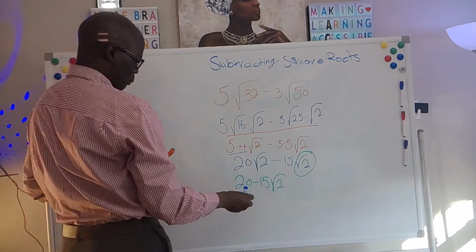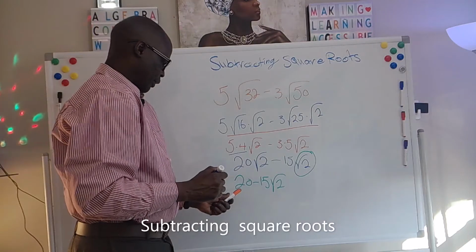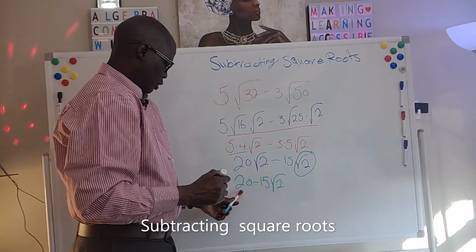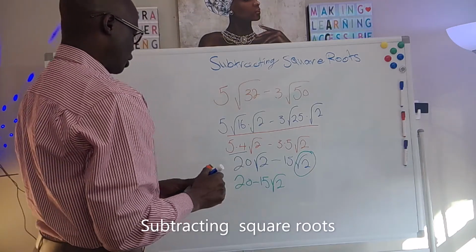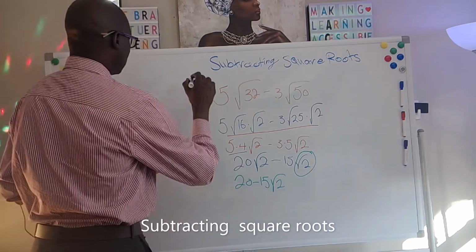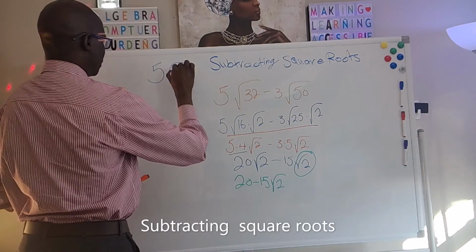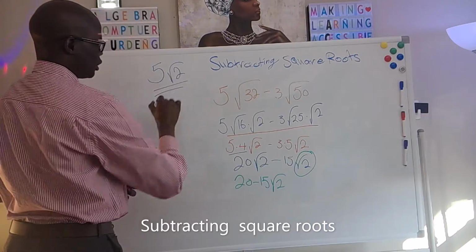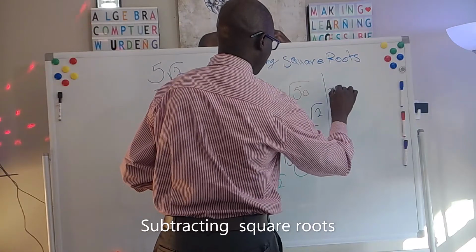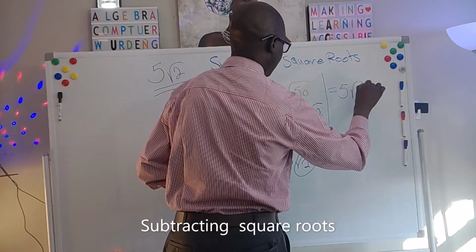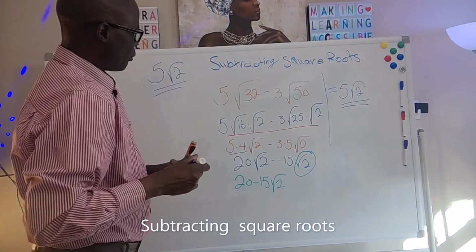And we know 20 minus 15 times the square root of 2 is equal to 5 times the square root of 2. And that's the answer for this one: 5 times the square root of 2. That's your answer for this problem.